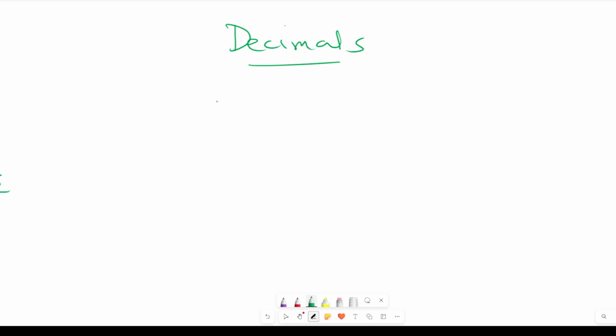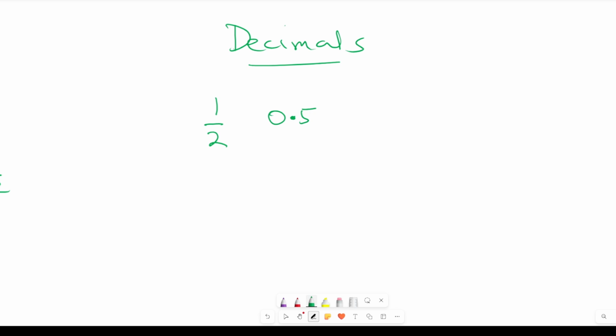Okay, so 1 over 2 is a fraction. But if we don't want to use a numerator and a denominator and we want to express it still as part of a whole by using the decimal point, then we can find the real value of this fraction, which is 0.5. Okay, so the point is a very important thing in decimals.